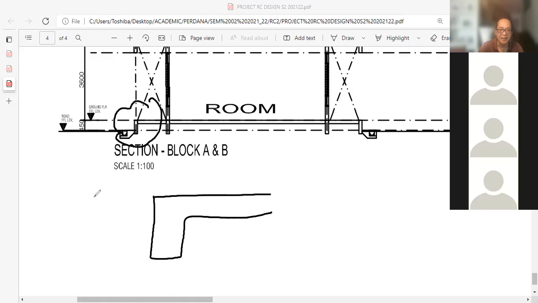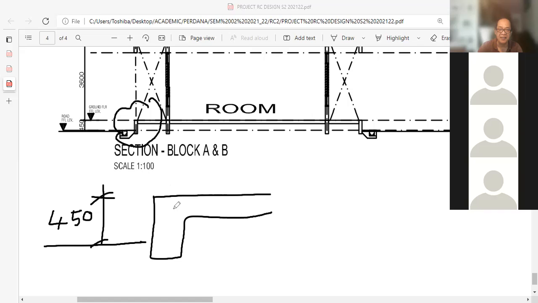Okay, the difference between the slab, ground slab dengan the existing condition ataupun the level outside of the building is around 450. So what this implies is that the depth of this particular ground beam, ukur dalam rasuk ni, has to be more than 450.